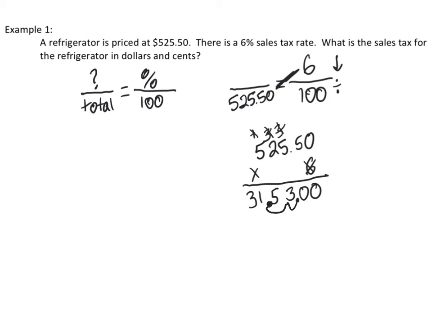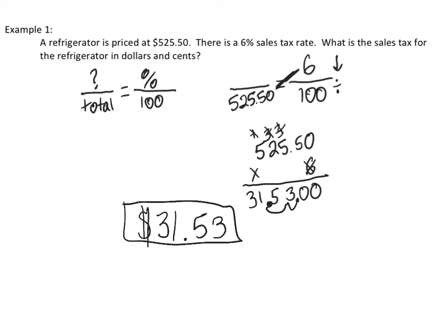So the sales tax would be $31.53. So this is just the sales tax. If it was looking for total, we would add our sales tax plus the original cost of the refrigerator. That is if they want the total.